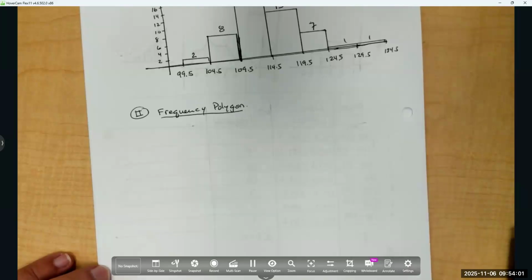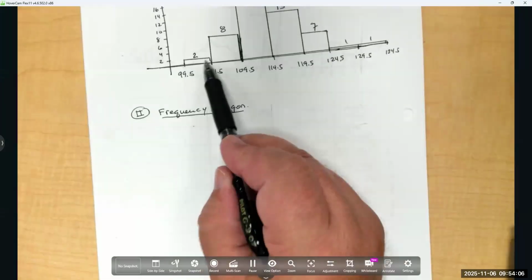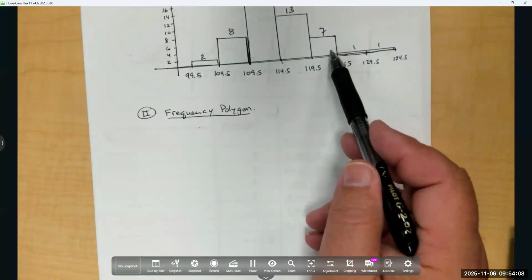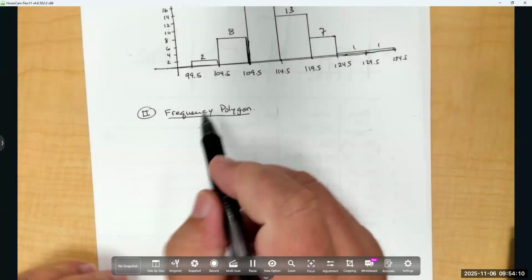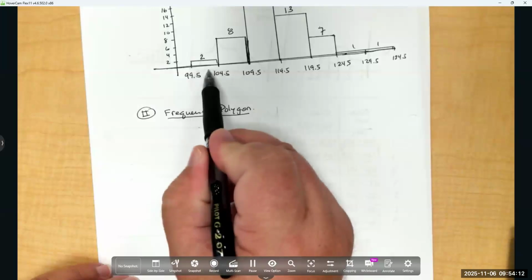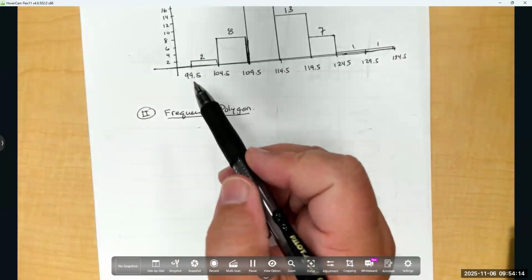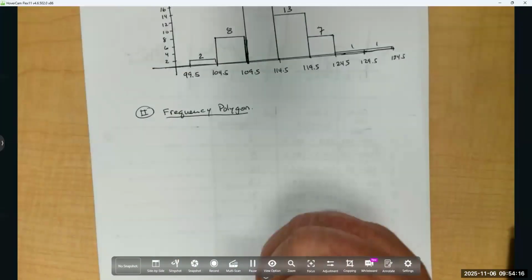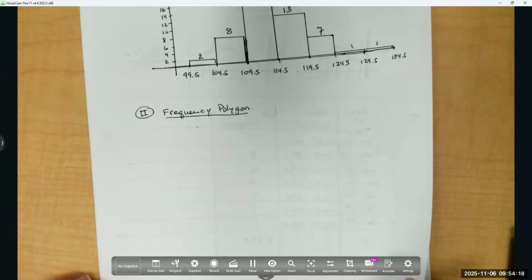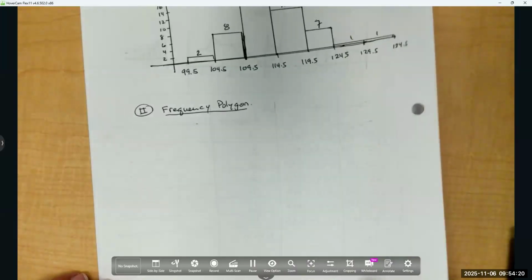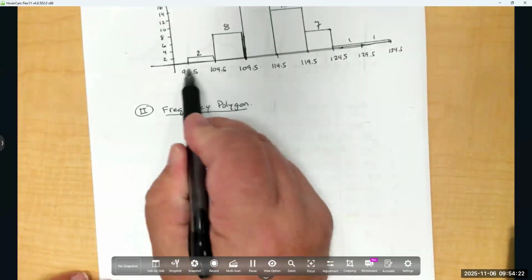The frequency polygon, because we have the frequencies from this, right? It takes this interval and finds one point that represents that whole interval. How do we do that? What number would represent this first interval?